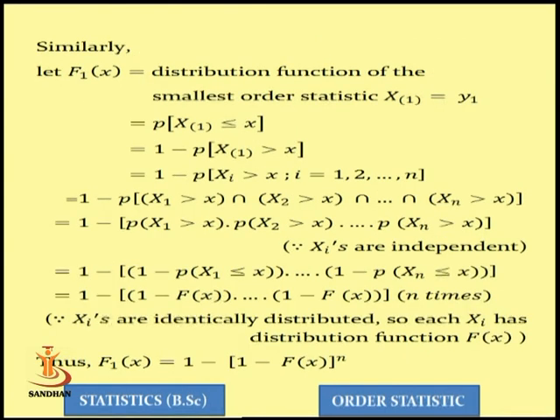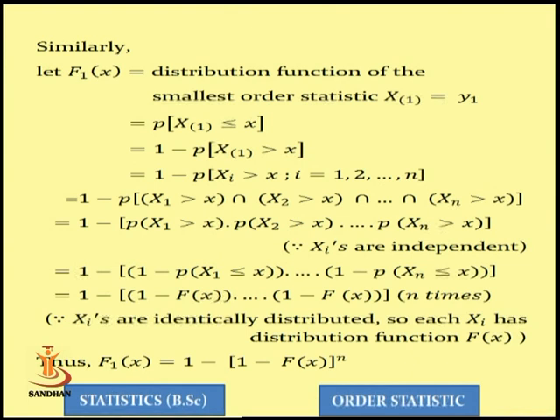Similarly, if we want to define the distribution function of the smallest order statistic, it is the probability that X1, the minimum order statistic, is less or equal to x. That is the same as 1 minus its complement, 1 minus probability X1 greater than x. Now if the smallest value is greater than x, obviously all other values in the sample are going to be greater than x. So it is 1 minus the probability that each Xi is greater than x, again taking the intersection and using the fact that the Xi's are IID.